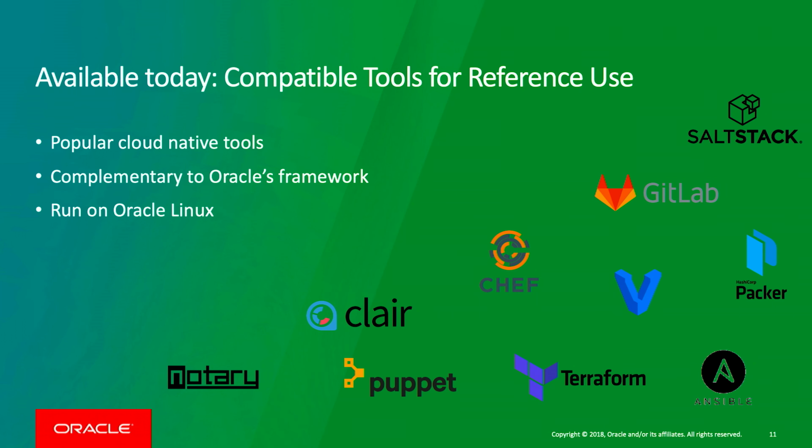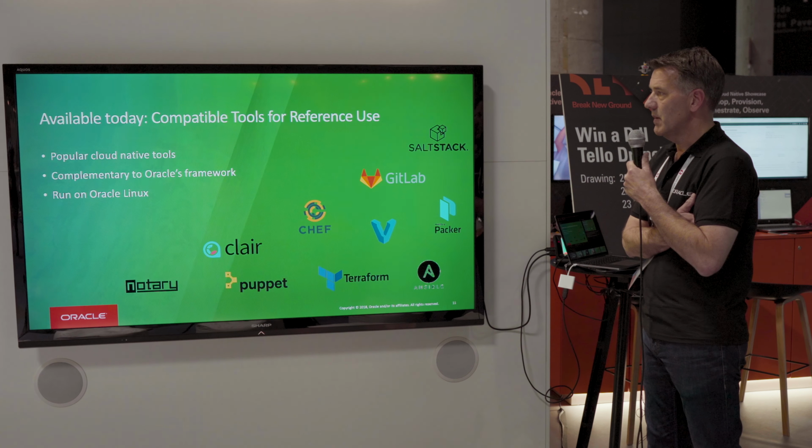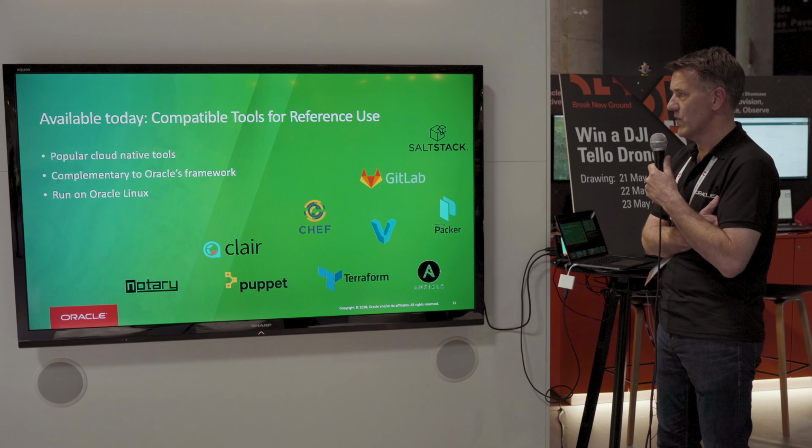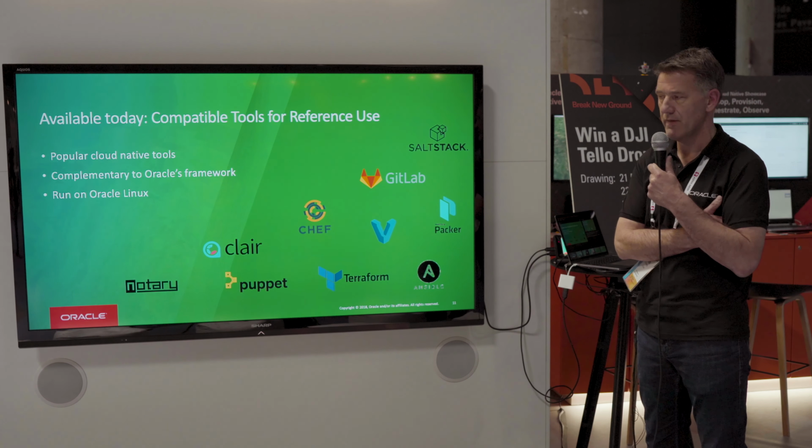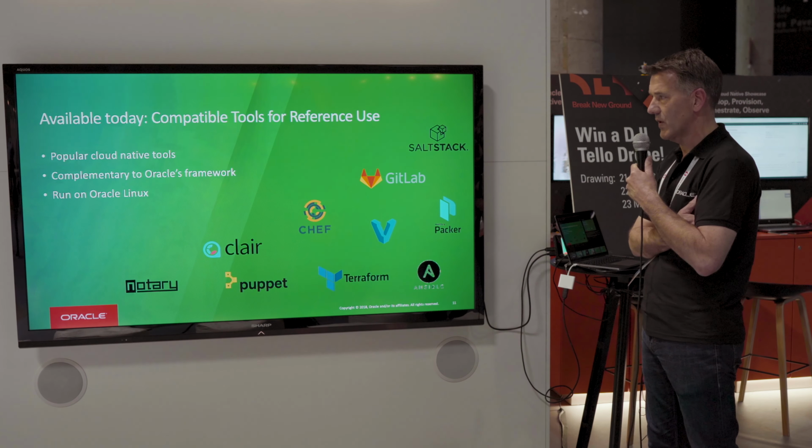We also make sure that compatible tools work on Oracle Linux. These are popular cloud native tools. They are not included in the Oracle Linux support subscription, but they are complementary to the Oracle framework. Oracle tests and verifies that the tools work on Oracle Linux.